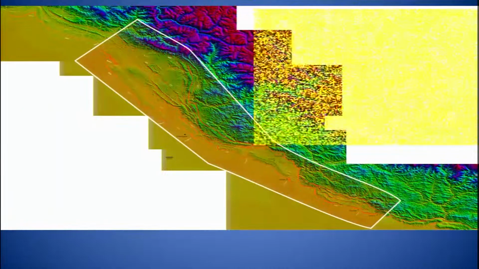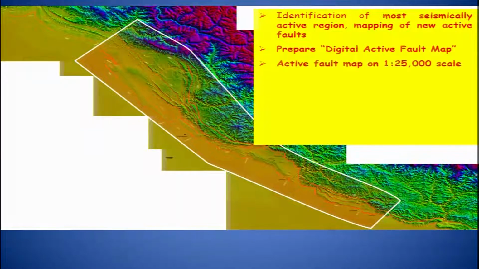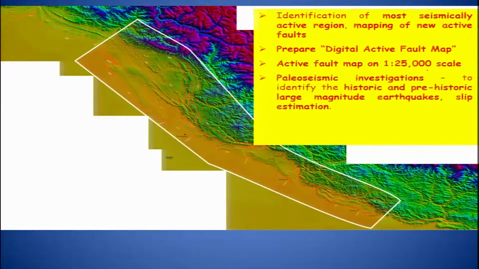So we are trying to identify the active faults in the central and northwestern portion of the Himalaya, to prepare a digital active fault map, and we would like to emphasize preparing the map at the scale of 1:25,000. So a high resolution map.